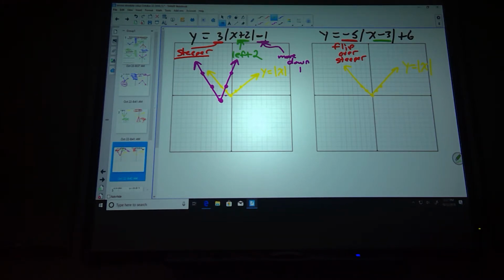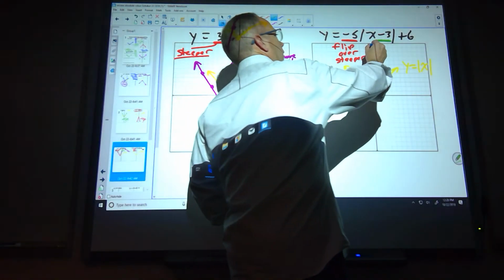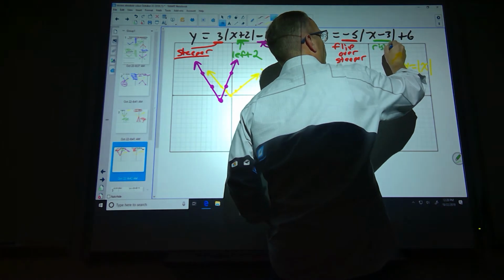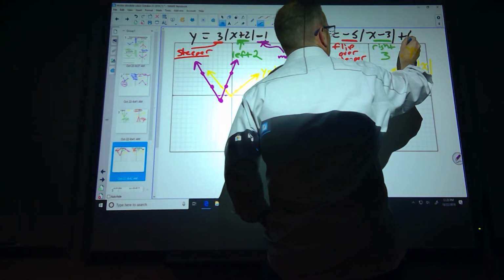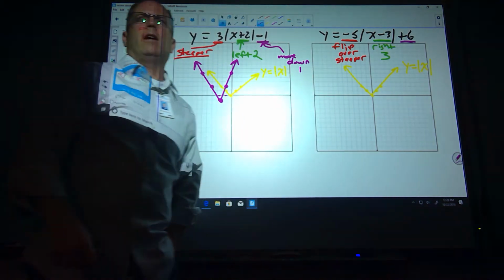Hey, what would that -3 inside the grouping do to the whole thing? Go to the right. How many? Right 3. And then what is this plus 6 going to do to the whole thing?